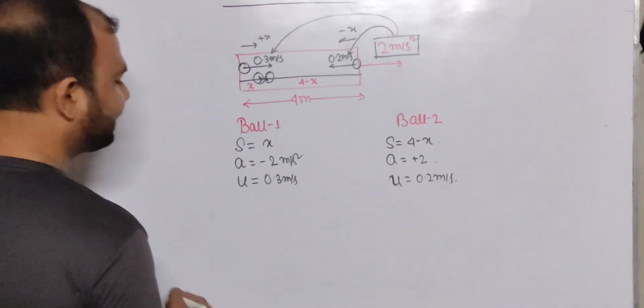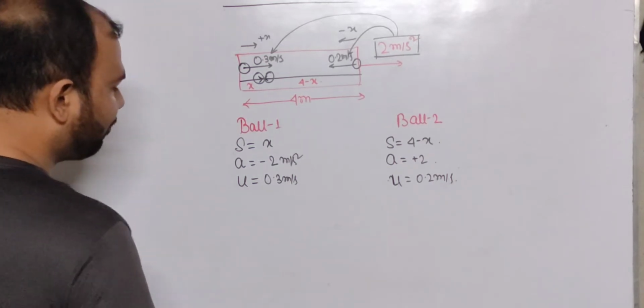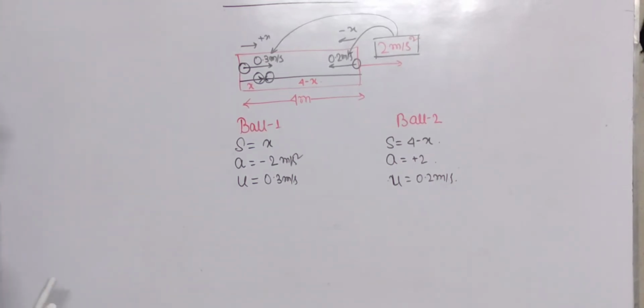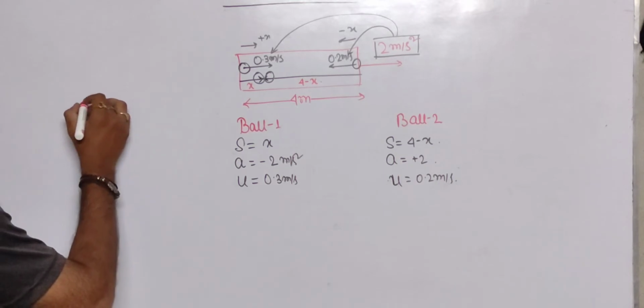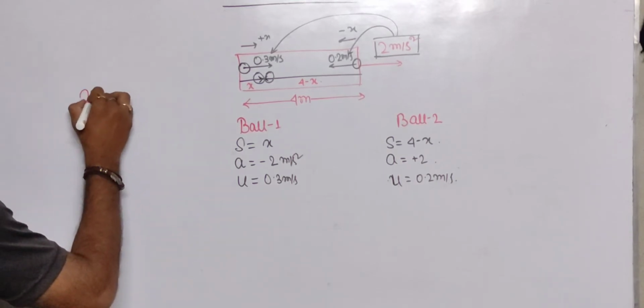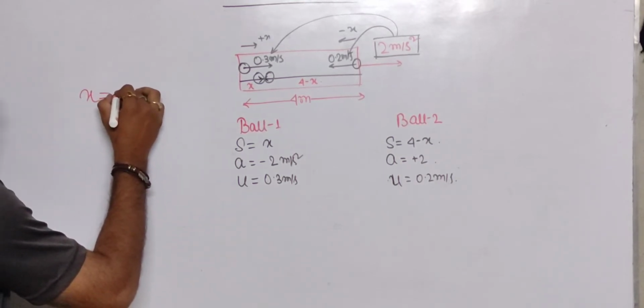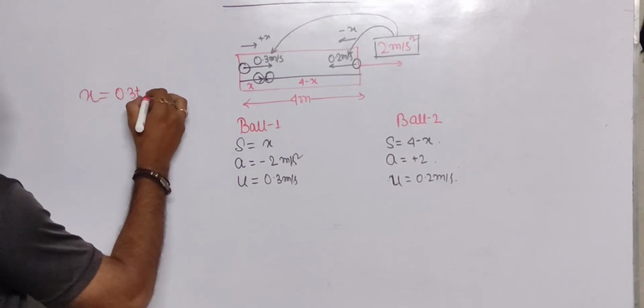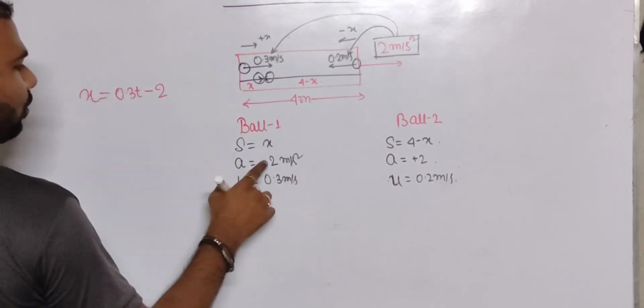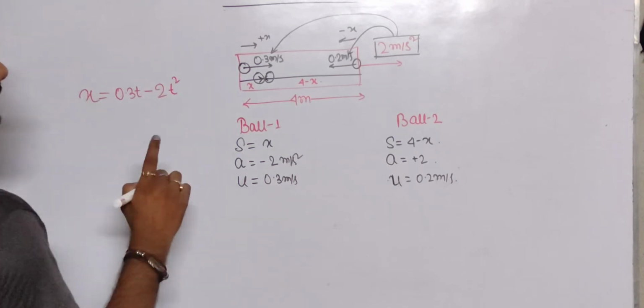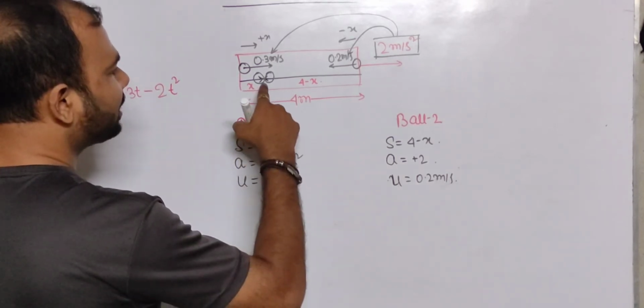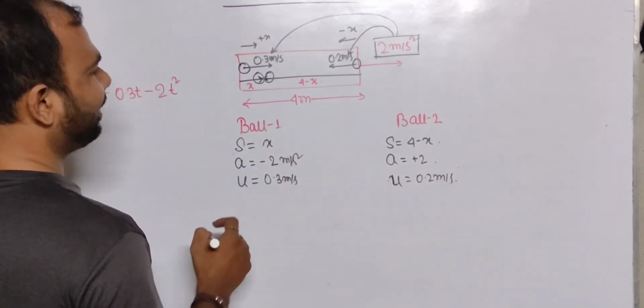We have to find the time. Using the formula S is equal to ut plus half at square, we have for this ball x equal to 0.3 t minus 2 t square. Let us consider the time of collision will be t second.